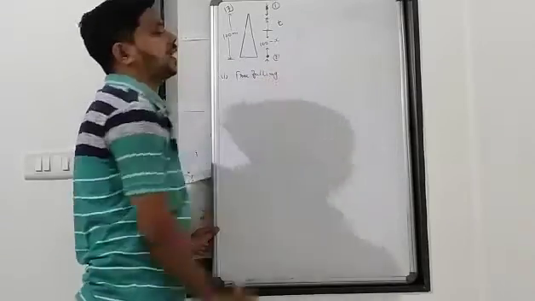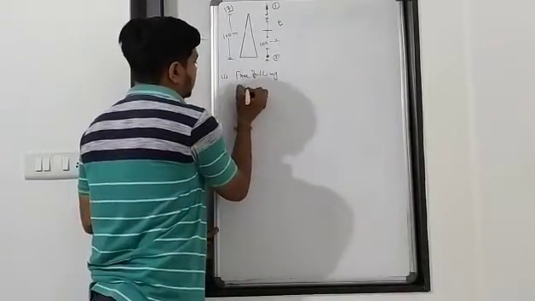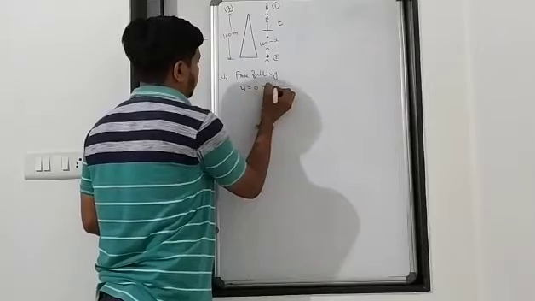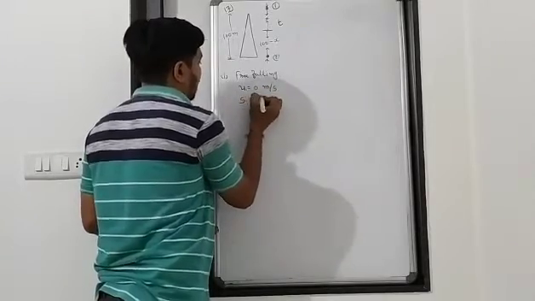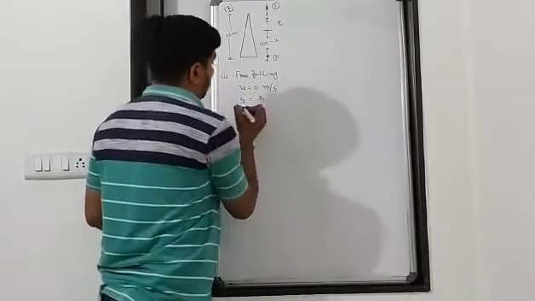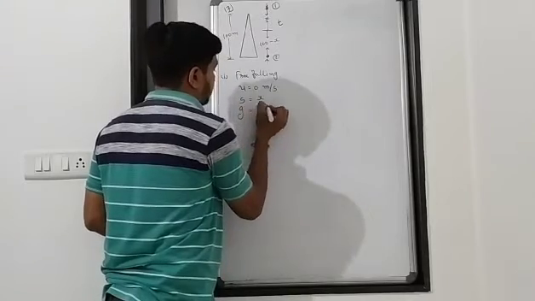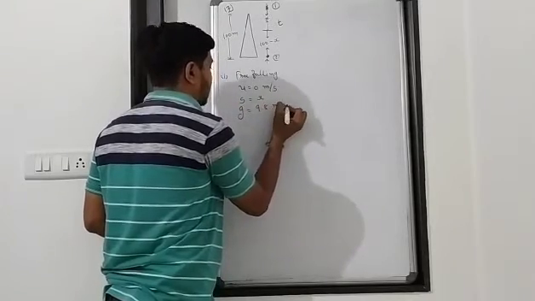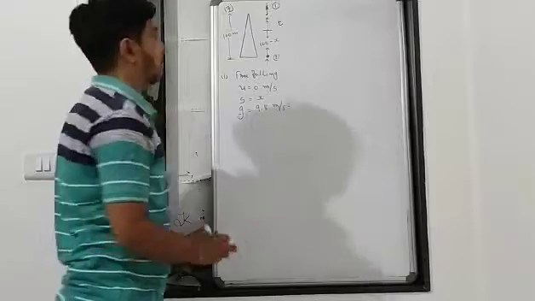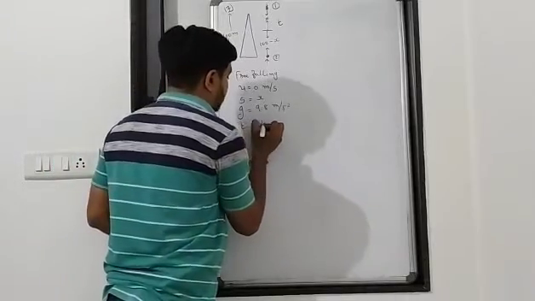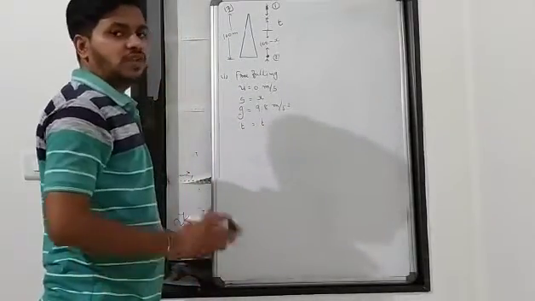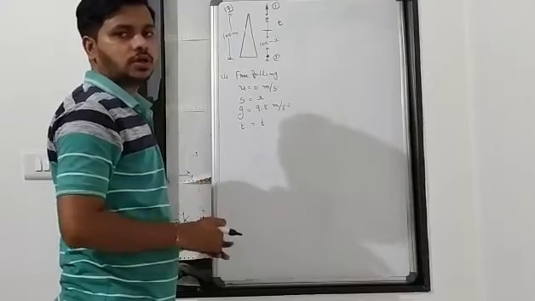So according to it, the initial velocity is 0, the distance is x, and as you know the gravitational acceleration is 9.8 meter per second square. Not only that, the time is t. Which equation do we have to use?